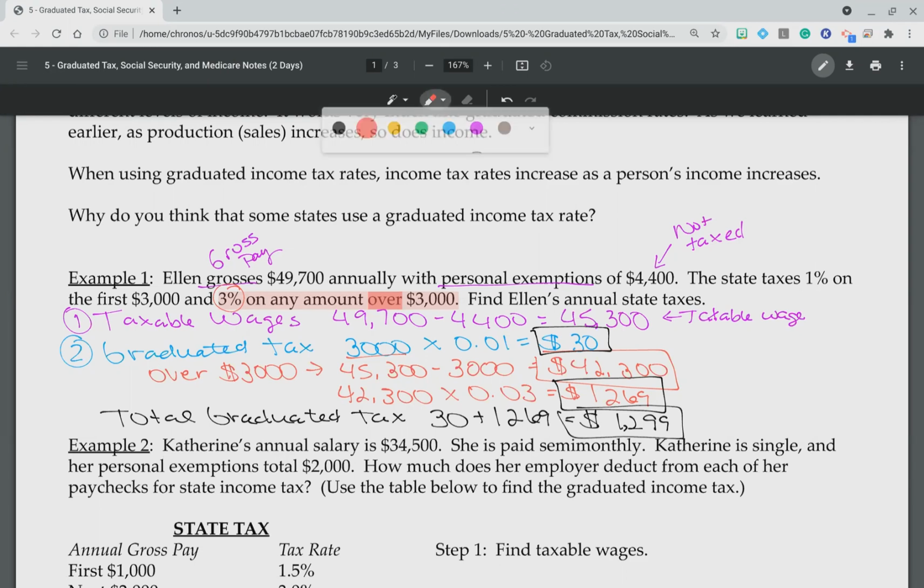Okay, and that is my final answer. Got a lot of colors going on here. For some reason it didn't want to let me highlight that, but that right there is my final answer.